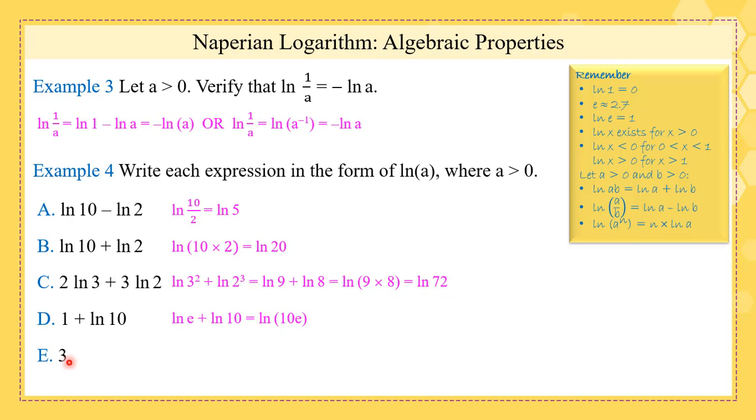Finally, if I want to write 3 in the form of ln a, you see that 3 is 3 times 1, and 1 is replaced by ln e, and we remove this 3, we put it as an exponent, so it becomes ln e cubed. In fact, we can use it directly, automatically. 3 is ln e cubed. k is ln e to the power k.